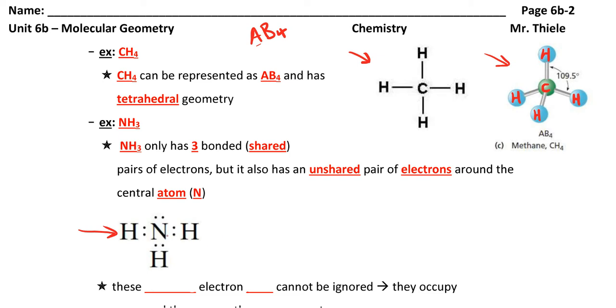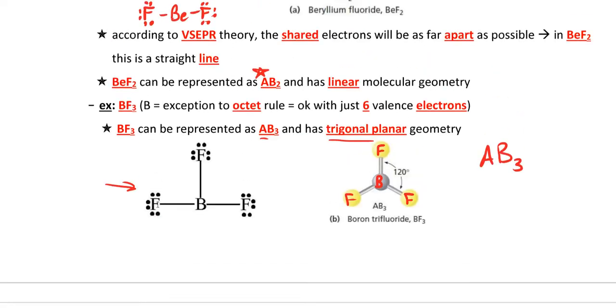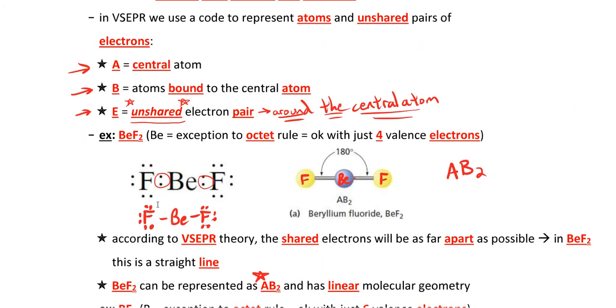N is our central atom that gets the code letter A. It has 3 hydrogens around it. So B are the atoms attached to the central atom, and there are 3 of them. And now we see there's this unshared pair of electrons. If we go back and look at the code, the letter E represents the unshared electron pair.